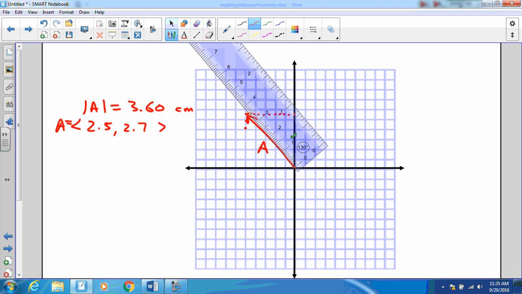So we would say that the vector A is 2.5 over and 2.7 up, and that the magnitude of A is 3.60 centimeters. I'm so confident in the math that when I do the magnitude here, I'm going to get 3.60 plus or minus a little bit because of rounding. So let's see that happen.